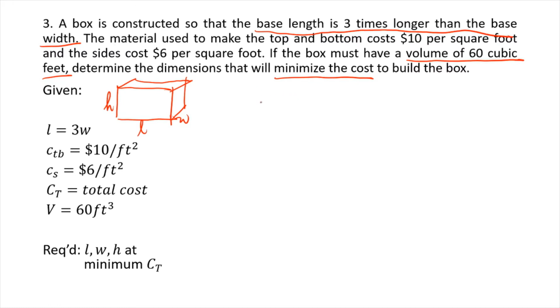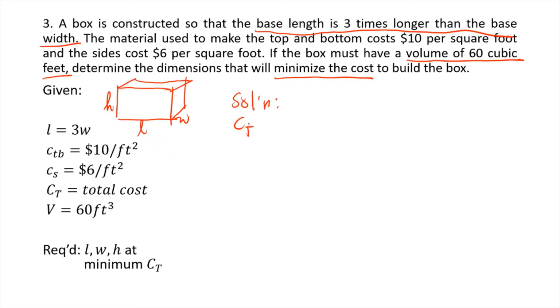Therefore, the primary equation is the equation for the total cost. So let's set up the formula for the total cost. Remember, I mentioned earlier that if we multiply the costs per square foot by the area, we'll get the total cost.